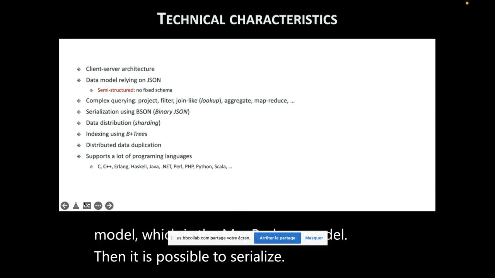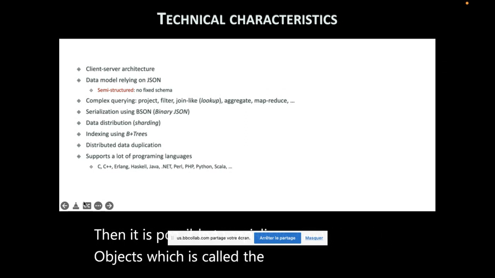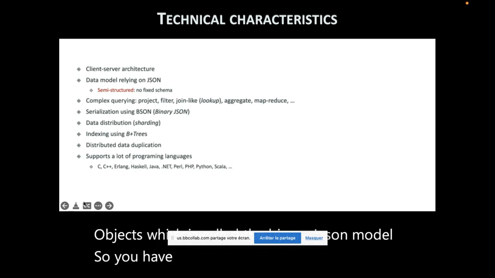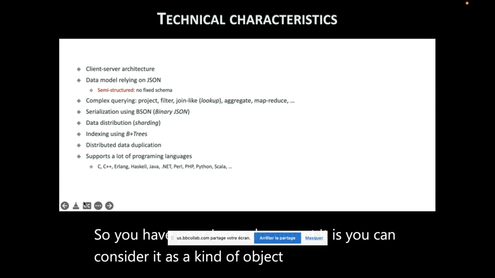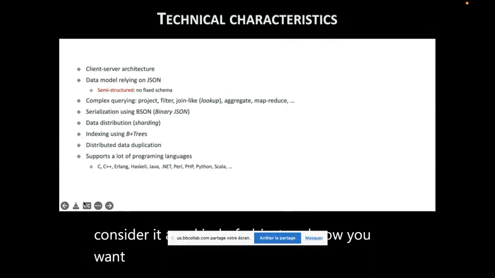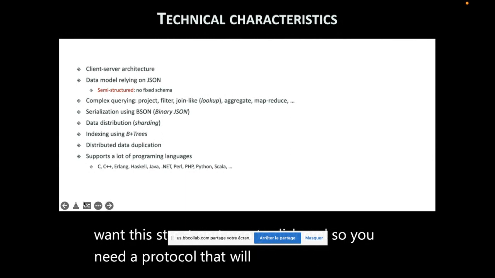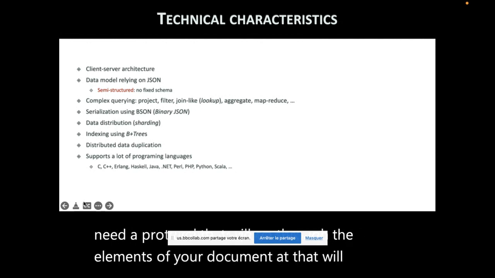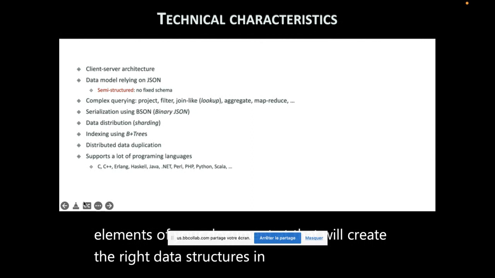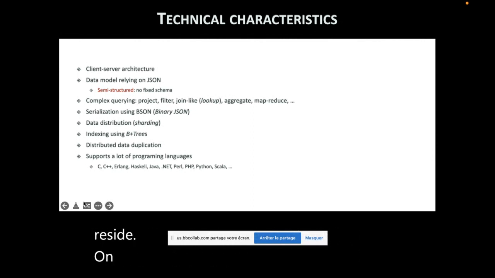Then it is possible to serialize objects, which is called the binary JSON model. So you have your JSON document. You can consider it as a kind of object. And now you want this structure to go to disk. And so you need a protocol that will go through the elements of your document and that will create the right data structures that will reside on hard disk.